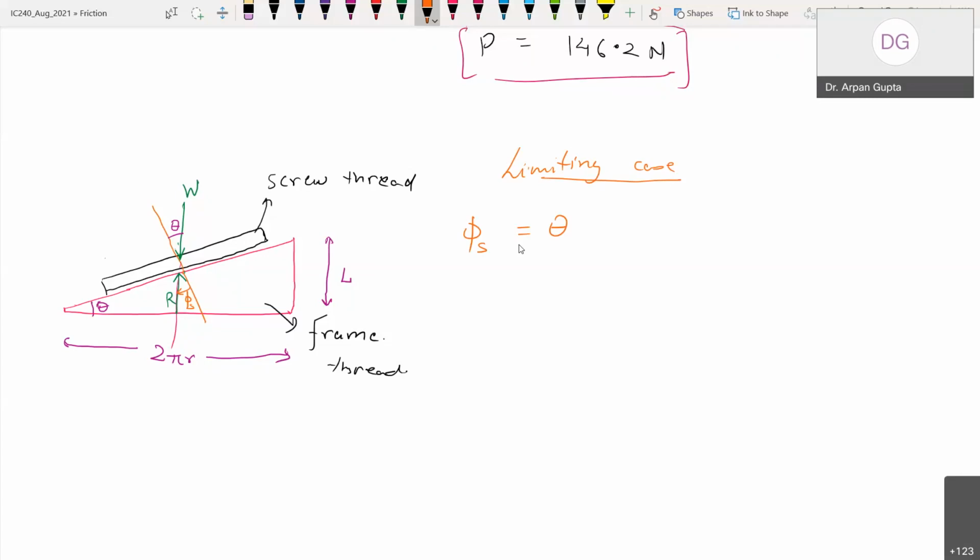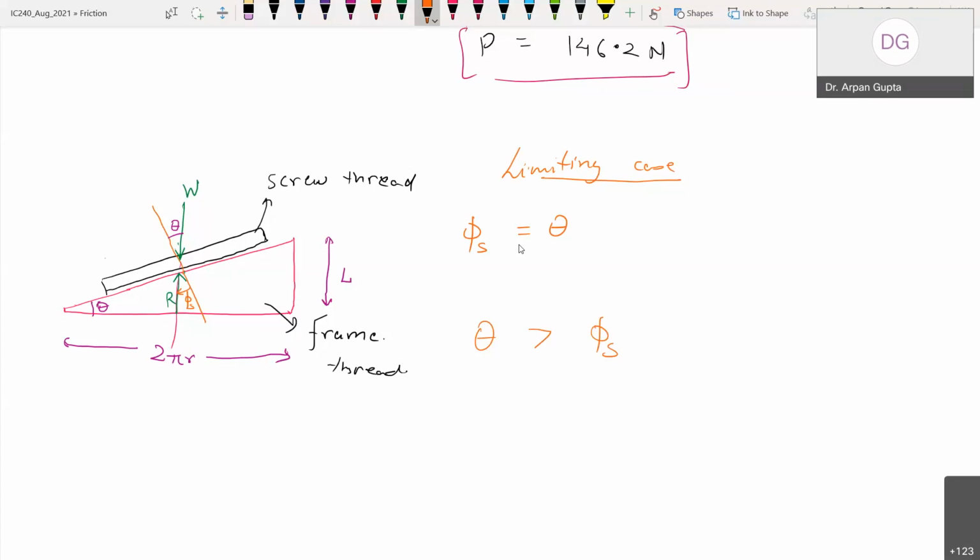So as we have seen in the last class, if the angle of inclination theta is equal to the angle of friction, then the block, or in this case the screw thread, will be just in equilibrium. And beyond that, if theta is greater than phi s, then the block will slide.